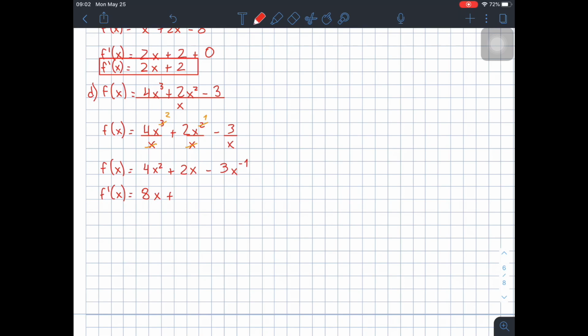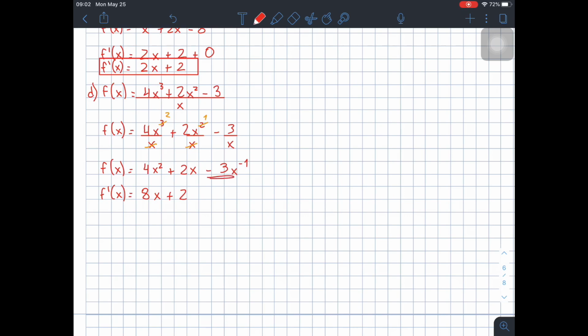Plus the derivative of 2x to the power of 1 would be 2 times 1, that's 2 times x to the power of 0, which is 1, right? So I don't need to write that anymore.